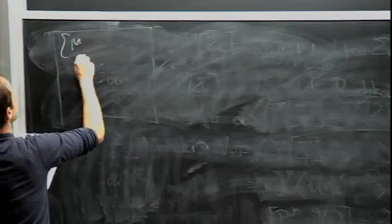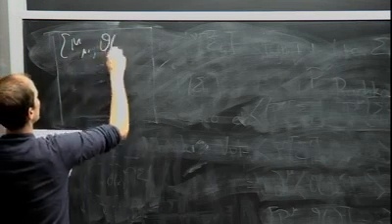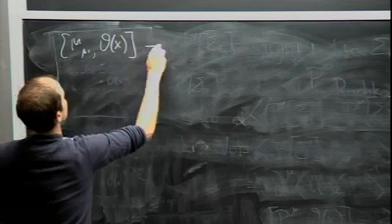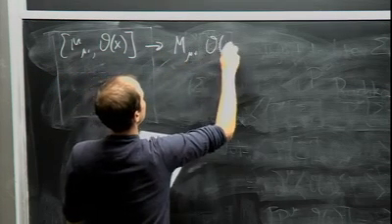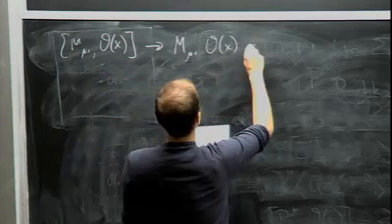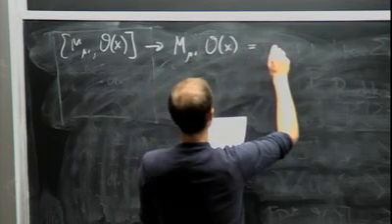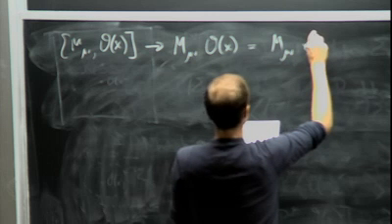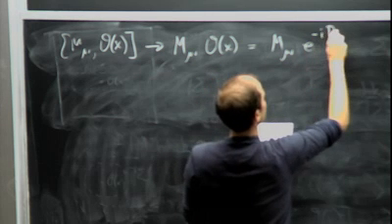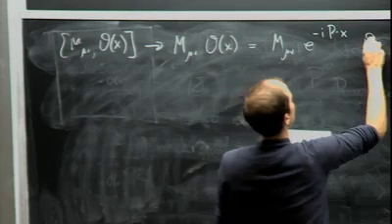Okay, good. So M mu nu with O not at the origin anymore. By our shorthand, we're going to write it like this. And O not at the origin is just translated by the translation generators. So this is e to the minus i P dot x, O at the origin.